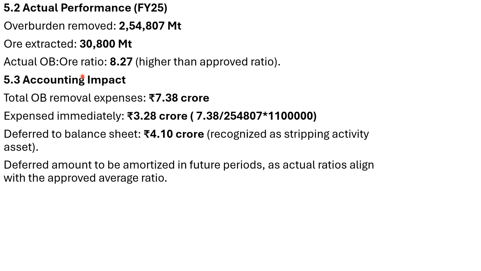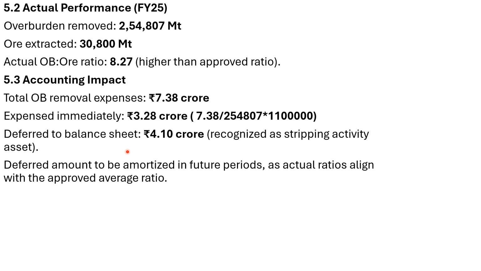Then, the calculation of how much will go for deferral. Total OB removal expenses 7.38 crore. Expensed immediately: 3.28 crore, because 7.38 crore is incurred to extract overburden of 2,54,807 metric ton, which is multiplied by 11 lakh, coming to around 3.28 crore.